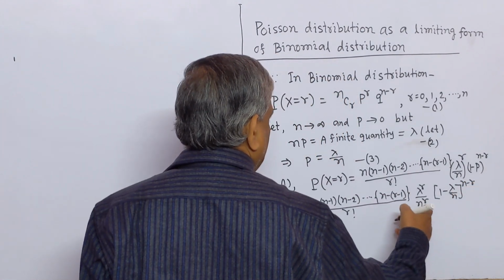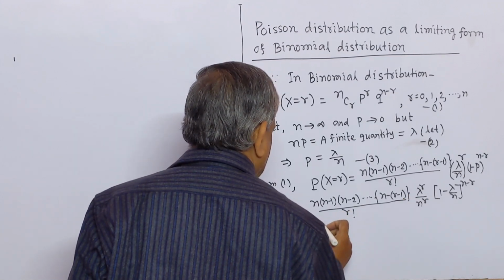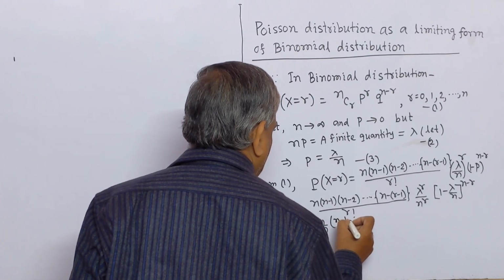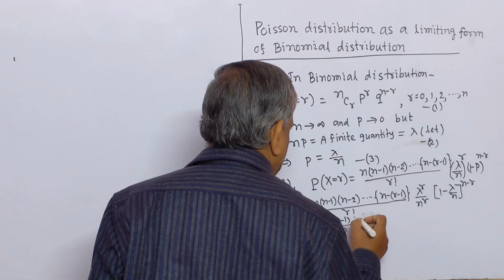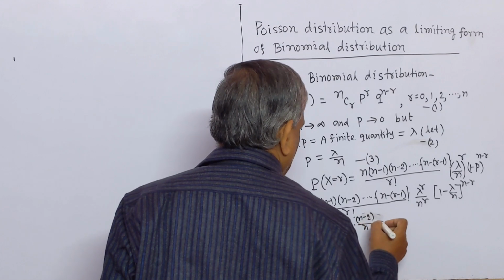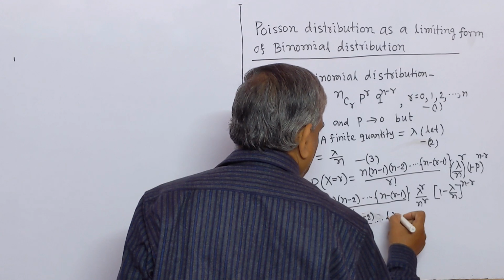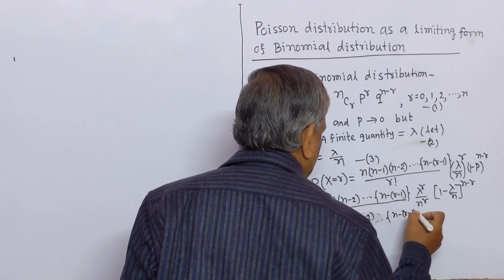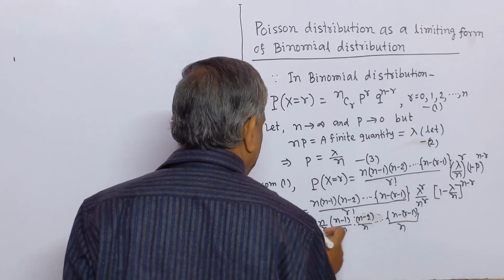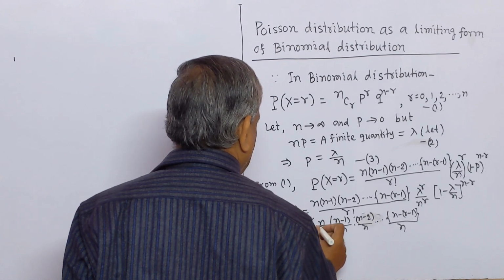Here we have r number of n's, so we may write here n by n multiplied by n minus 1 by n multiplied by n minus 2 by n multiplied by ... n minus r plus 1 by n, times lambda to the power r by factorial r.